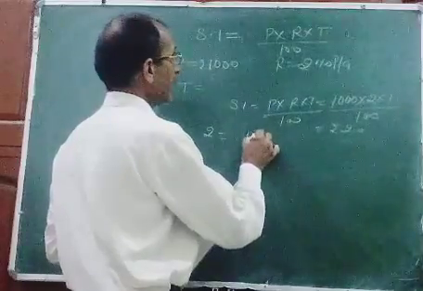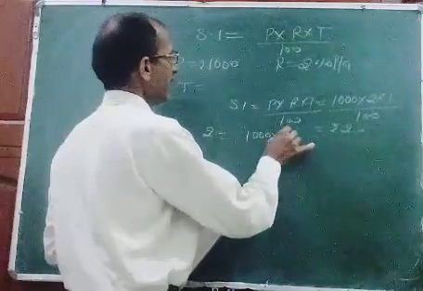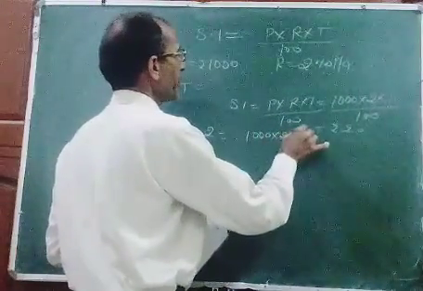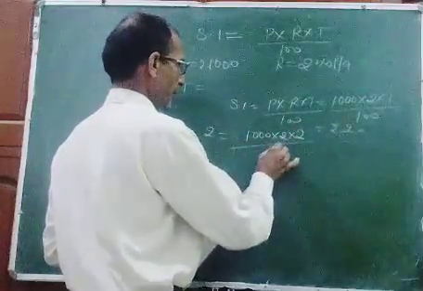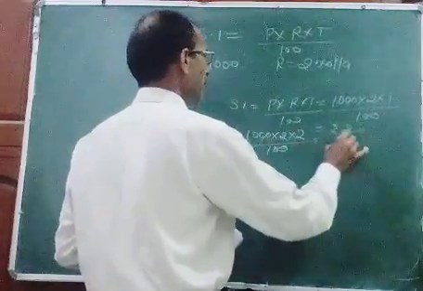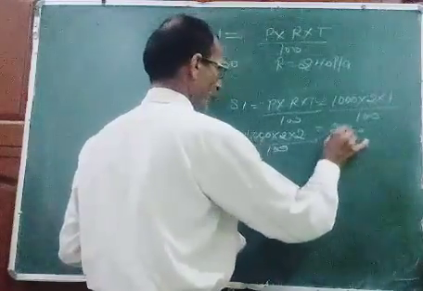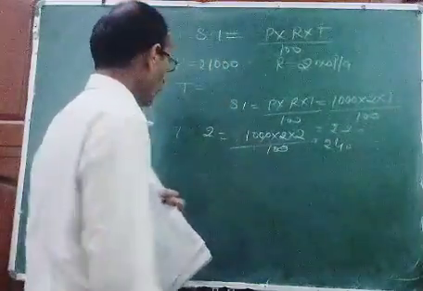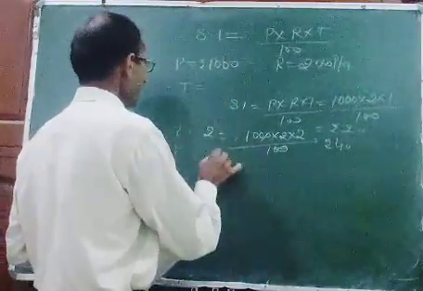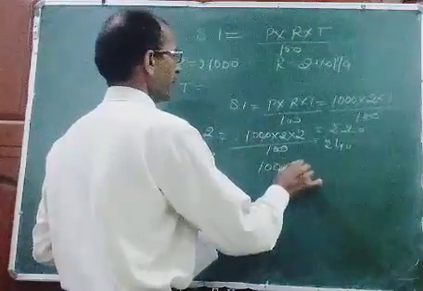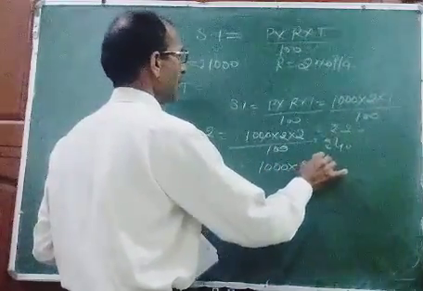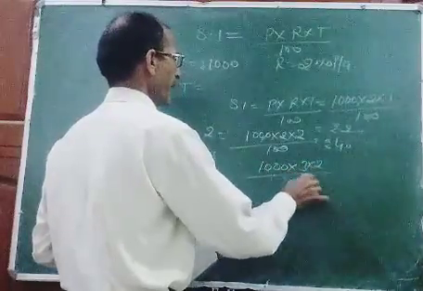If time will be 2 years, so principal 1000, time 2 years, rate is already given, 2 upon 100. So it will be rupees 40. When time is 3, so 1000 multiplied by 3 multiplied by 2 upon 100.